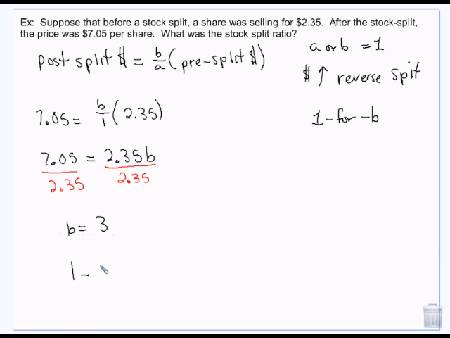So this was a 1 for 3 split. I just want you guys to get used to this kind of formula because in a second, I'm going to show you a not even split, and that will come in handy. This comes in handy a lot.